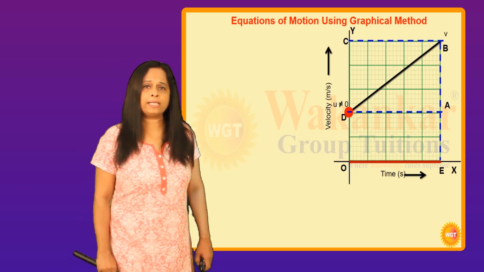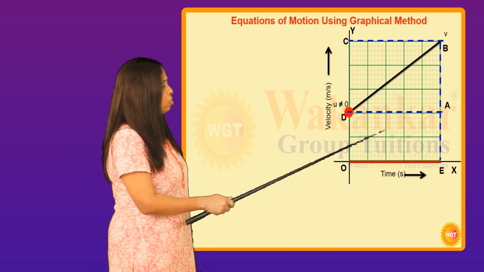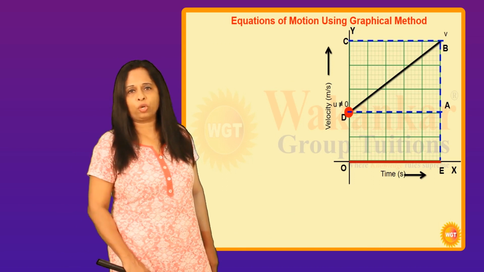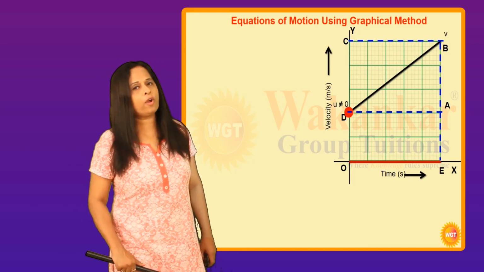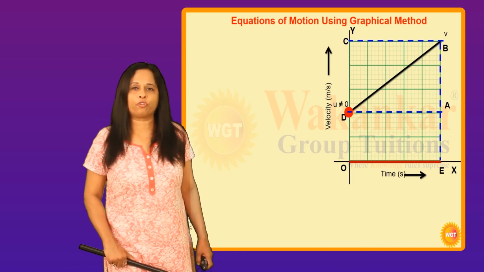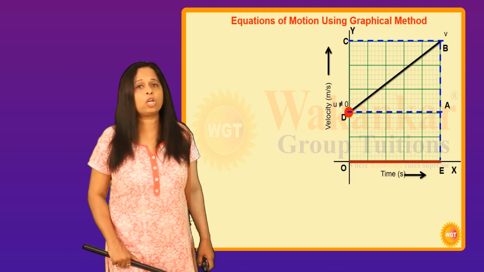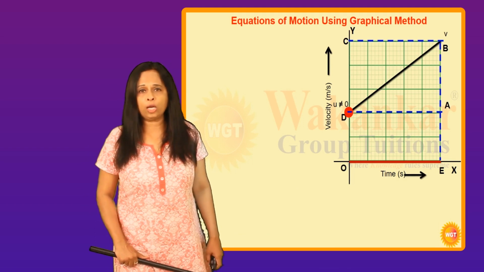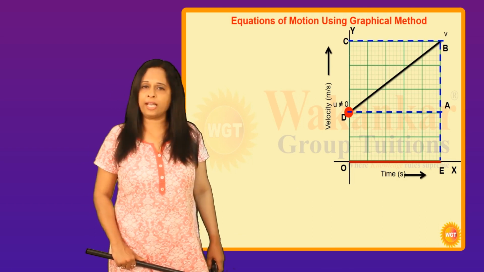So students, we have already seen the constructions which are needed to be done on the graph to derive equations of motion. As we are going to derive our first equation of motion, which is v equal to u plus at, I repeat, v equal to u plus at.